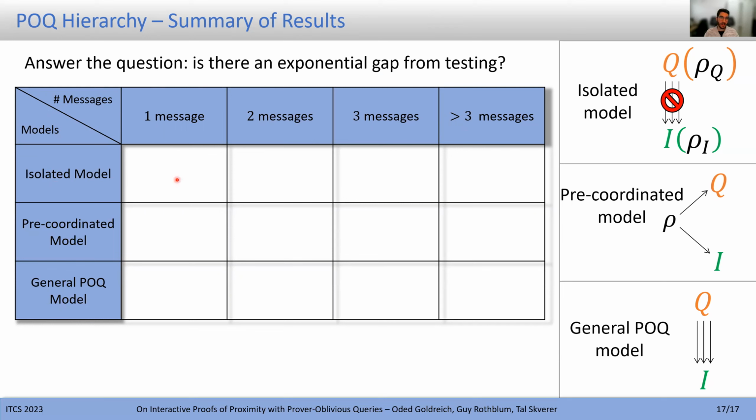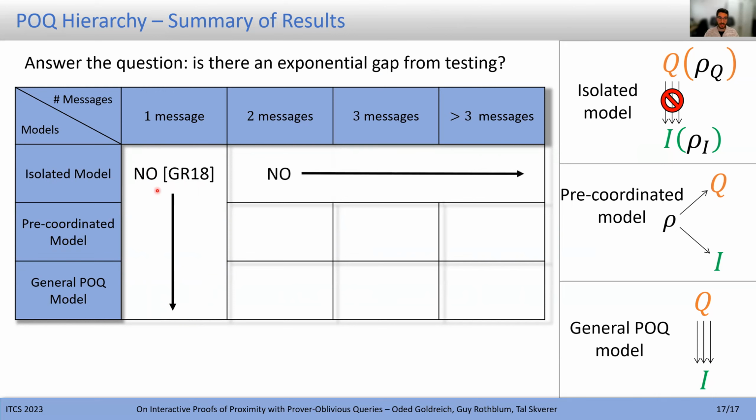Starting off, in one message, all of these models collapse to the same model of Proof-Oblivious queries, and in previous work that I referenced earlier by Gur and Rothblum, they show that there cannot be an exponential gap between the model of Proof-Oblivious queries and property testing.